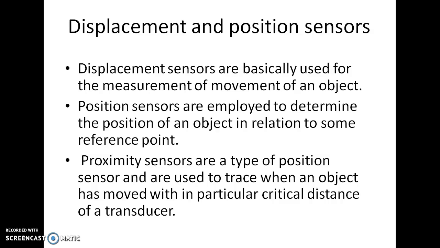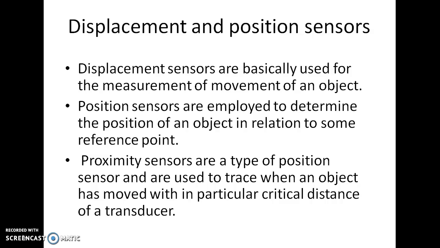Then a position sensor will tell us about a particular position or location of an object with reference to some elements. Or suppose like our coordinate system, how we represent any points in a coordinate system. So like that the reference point is there, our origin. Then proximity sensor.